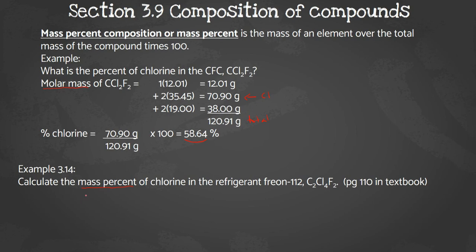Okay, so we have to start by adding up the molar mass. So for this compound, I'm going to write it up here. We have 2 times 12.01. We have 4 times 35.45. And we have 2 fluorines, so 2 times 19.00.